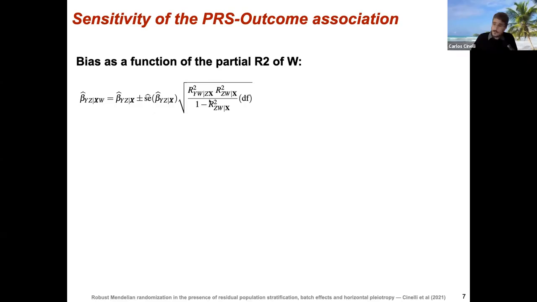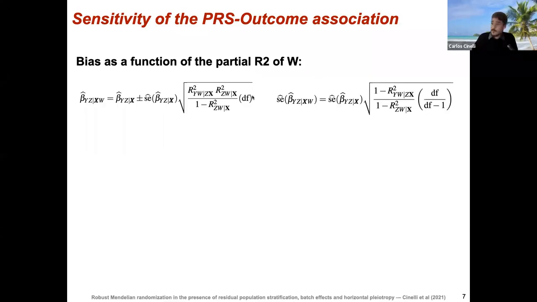So the same bound is a conservative estimate of our targeted estimate. And in finite samples, we can also assess how measuring these hypothetical unobserved variables would affect our inferences as well. It's the same thing here. We can write the standard errors that we wish we had estimated as a function of the current standard errors and the partial R squared of the omitted variable W with the outcome trait and the instrument.